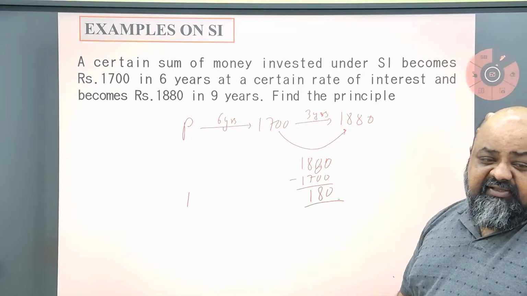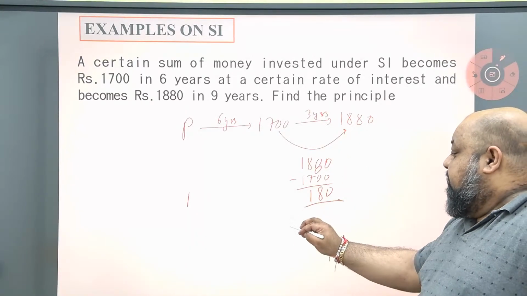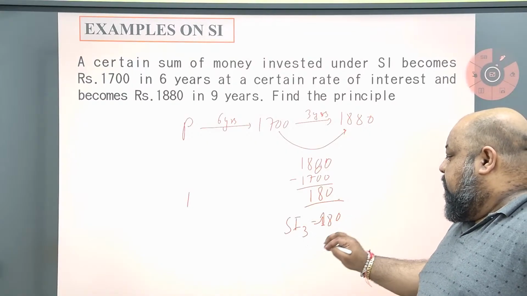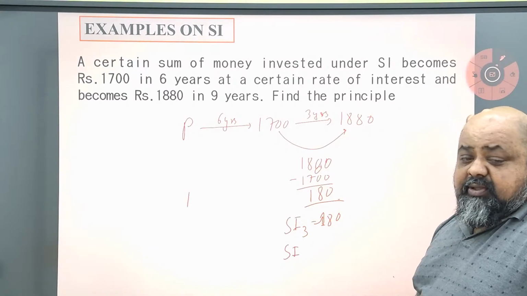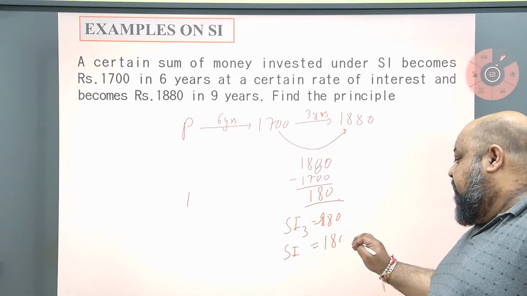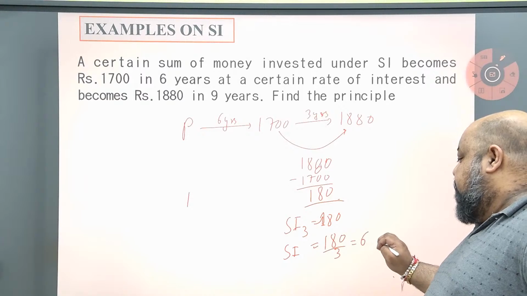This increase will be because of the interest. So I can say simple interest for 3 years is 180, which means simple interest for every year should be, because simple interest is same in each year, 180 upon 3, which is 60 rupees.